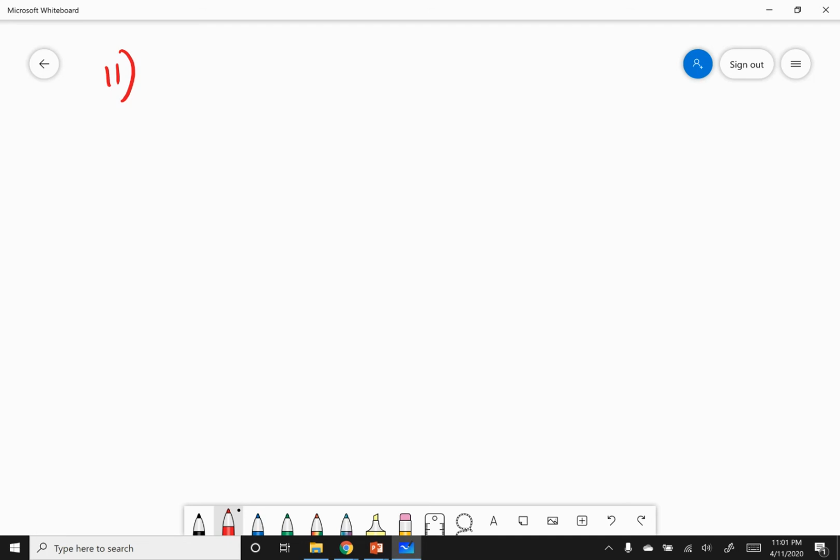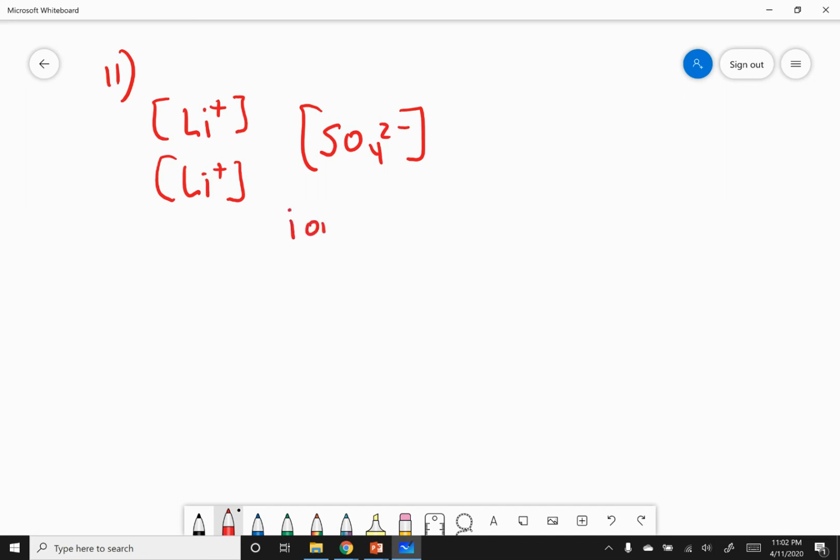So number 2 was that one kind of case that I want you guys to be careful of. Now this molecule is an ionic compound, meaning I have lithium plus, and these things are charged ions, and they are surrounding a sulfate that is negatively 2 charged. The way this molecule is put together is through ionic bonds.